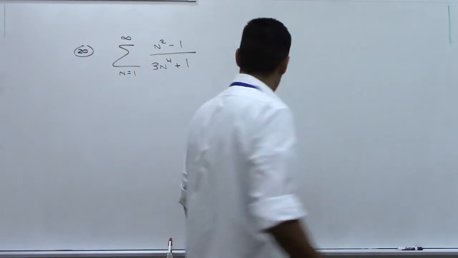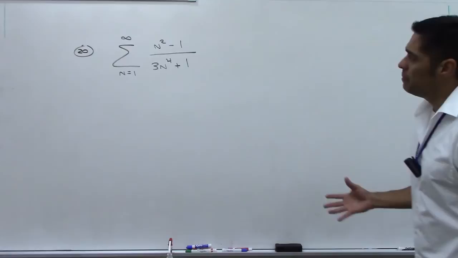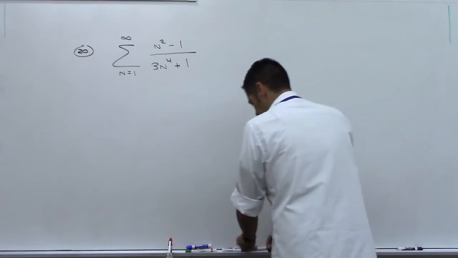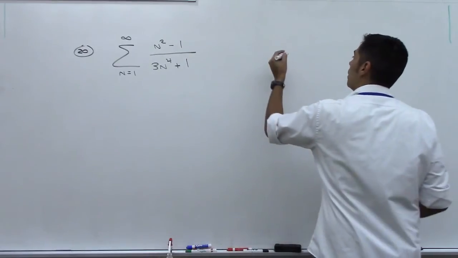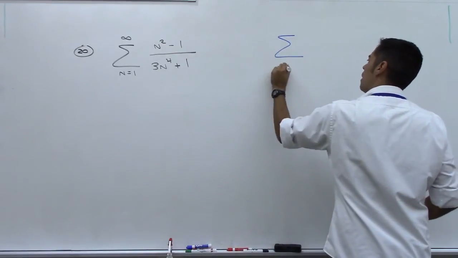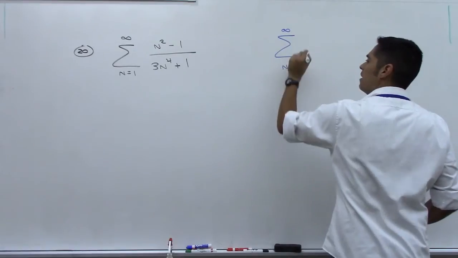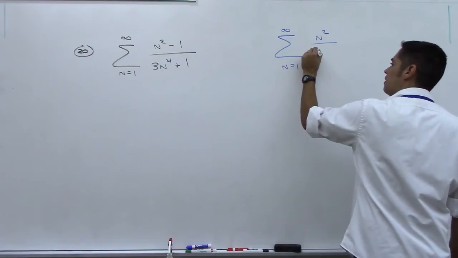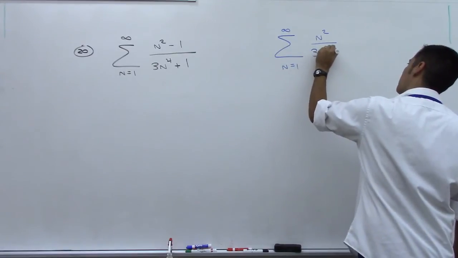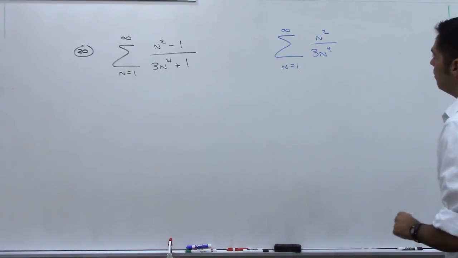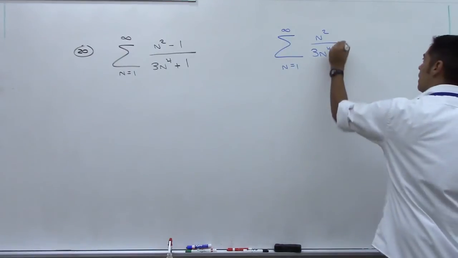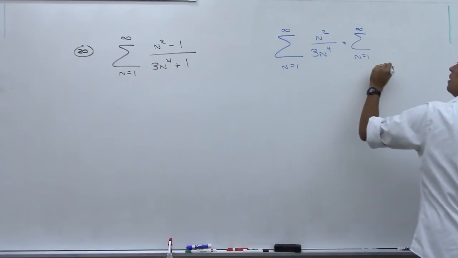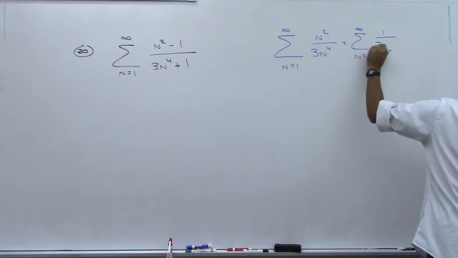All right, so let me see here. If n gets really big, I can compare this to the sum from n equals 1 to infinity. The top's acting like n squared. The bottom's acting like, I'll put 3n to the fourth. I could just put n to the fourth, but I'm going to put 3n to the fourth, which is really just the sum from n equals 1 to infinity of 1 over 3n squared.